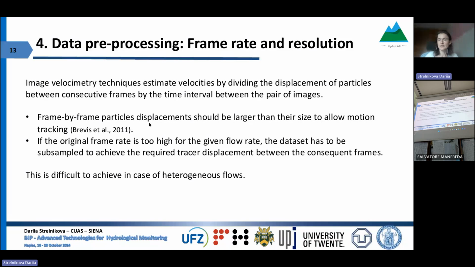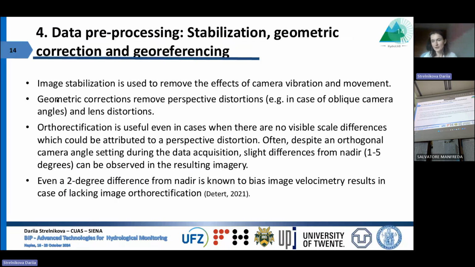After we're done with subsampling and we have our target data set the way we want it, we have to think of stabilization, because drones are inherently shaky, and it means that even if there is no strong wind, we will have some displacement of motionless features in our footage, which has to be removed first because it, of course, biases the velocities.